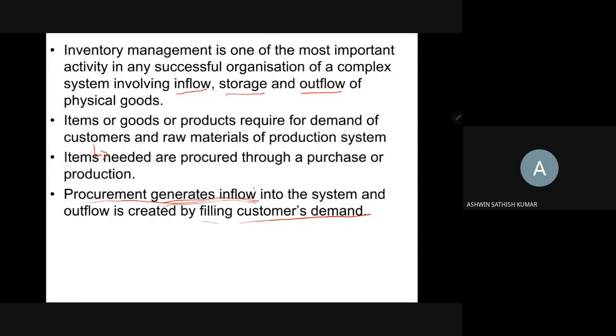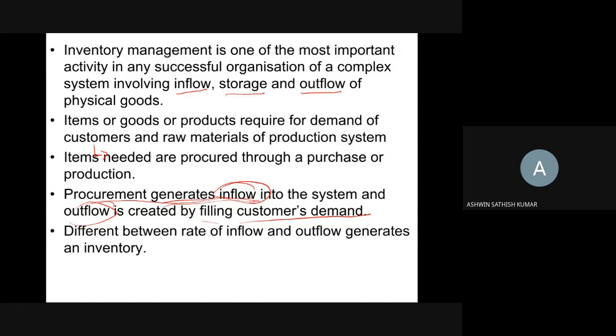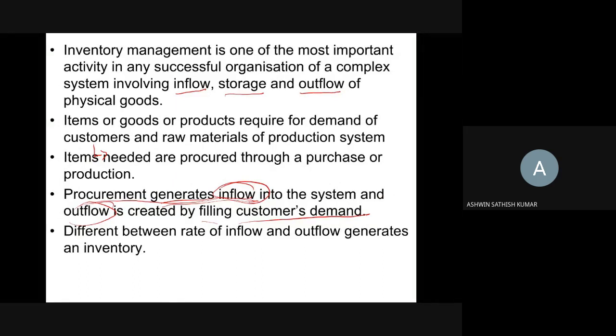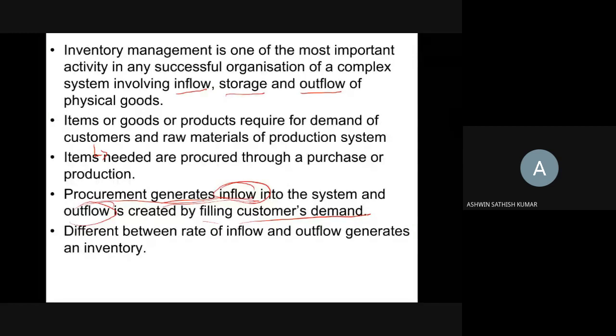The difference between the inflow and the outflow will create the inventory. Here the difference between the rate of inflow and outflow generates the inventory, because we cannot predict how much demand we can have.